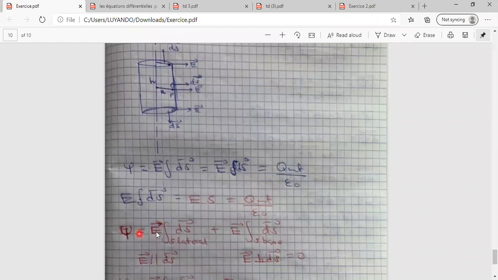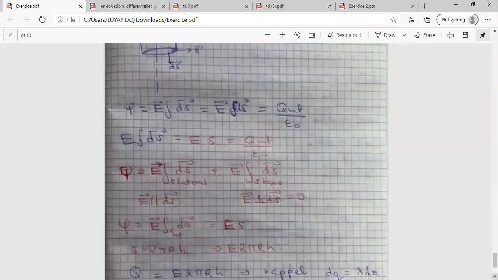So flux is equal to E integral of dS lateral plus E integral of dS bases. At the bases, we've got E meeting dS at 90 degrees, and on the sides, we have them moving in the same direction.